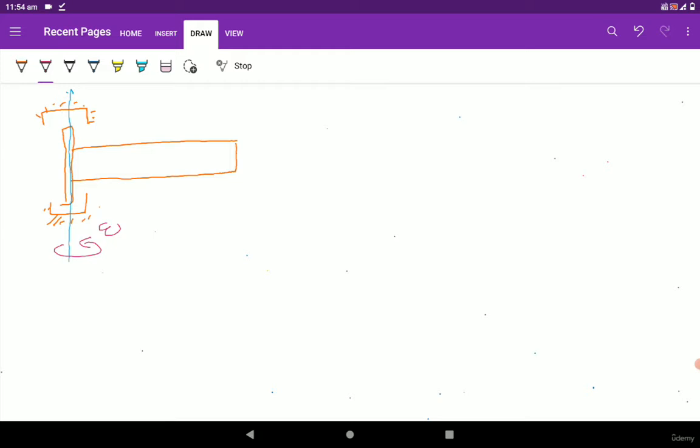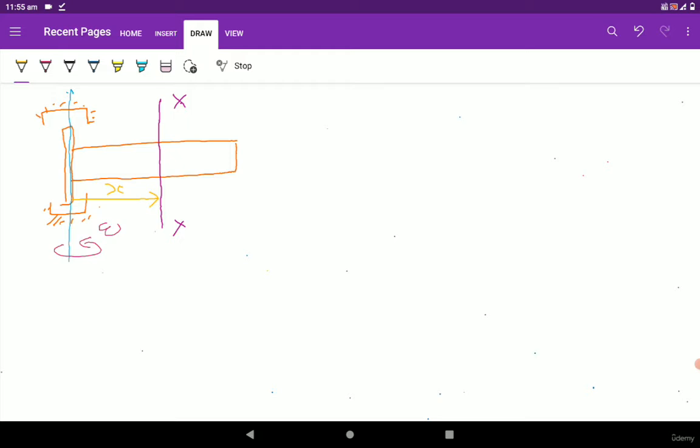Firstly we will draw some axes for reference. Now we have to find the stress at x location, that is here.